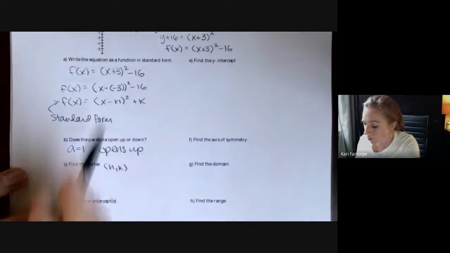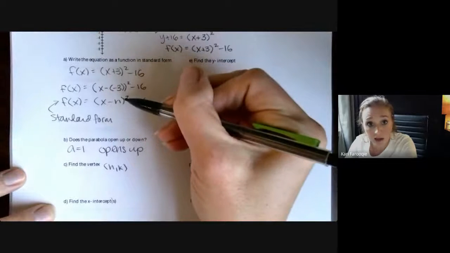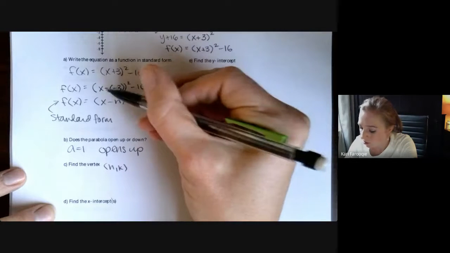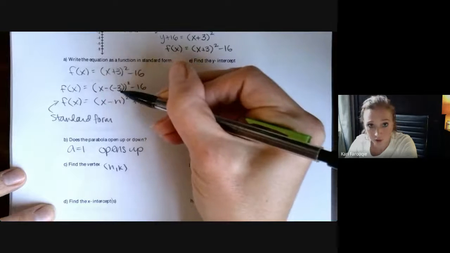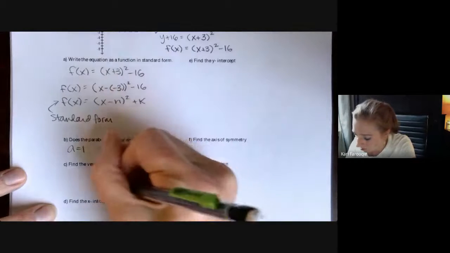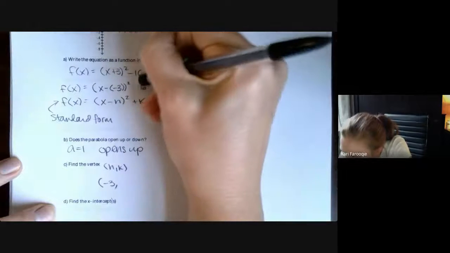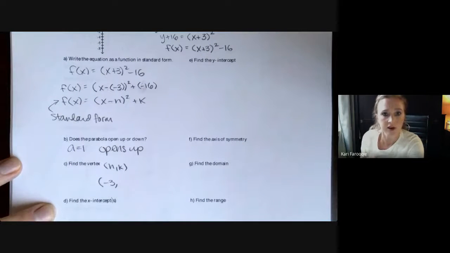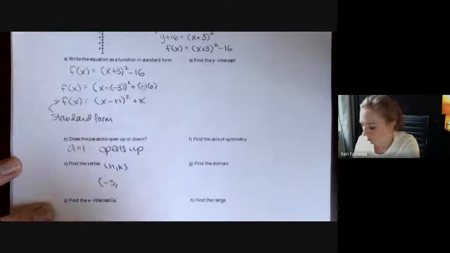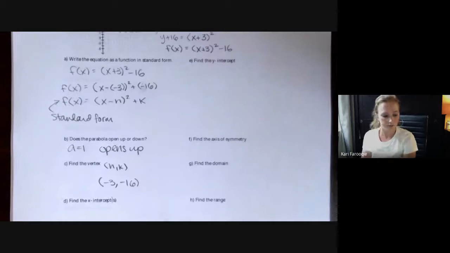But you can always rewrite it like this if you're not sure. H is whatever is behind this minus sign. And in our case, what's behind the minus sign is negative 3. So when we're finding our vertex, we're going to write this as negative 3. And then K, maybe I should have taken this one step further. And instead of calling it minus 16, I could have called it plus negative 16. Then you can see how K would very easily just kind of take the spot of negative 16.